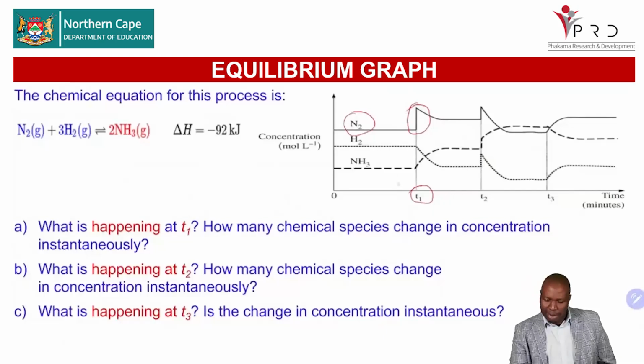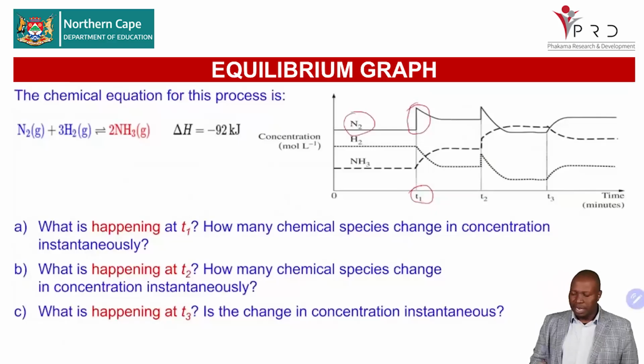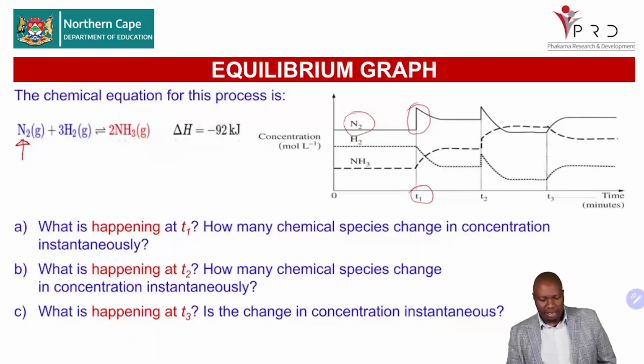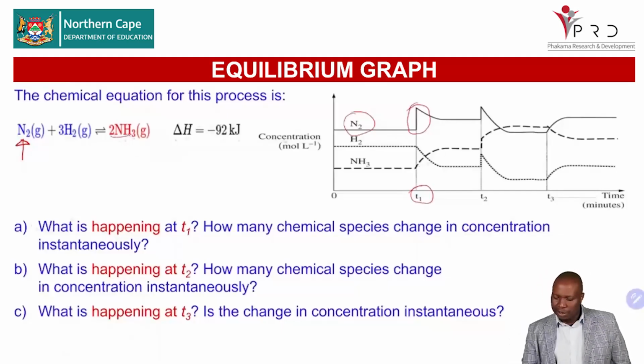We are having equilibrium, and when you add N2, equilibrium is disturbed. Remember, if we increase the concentration of a reactant, definitely the forward reaction will be favored. The forward reaction produces NH3, so you are expecting NH3 to increase, hence it's increasing. It shows that the forward reaction is favored. And when you increase N2, the other reactant must definitely decrease, so we're expecting H2 to gradually decrease.